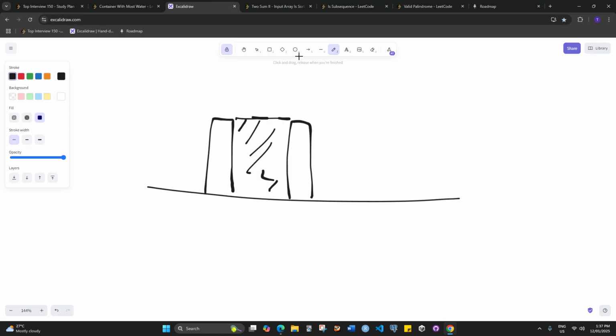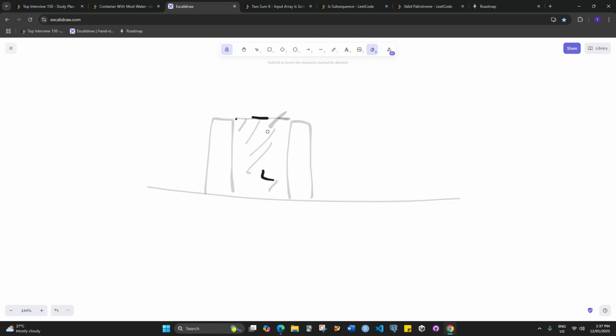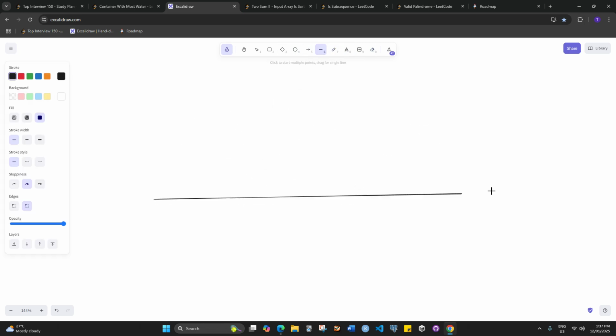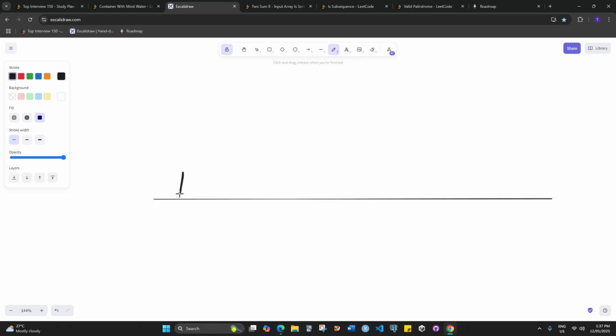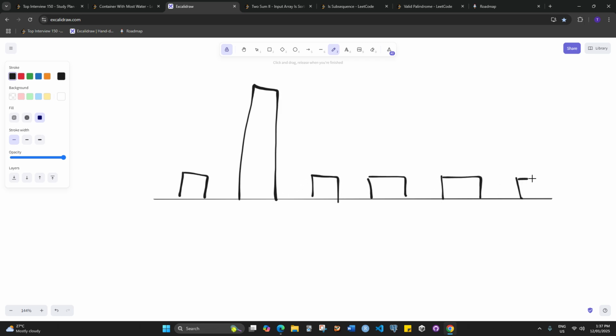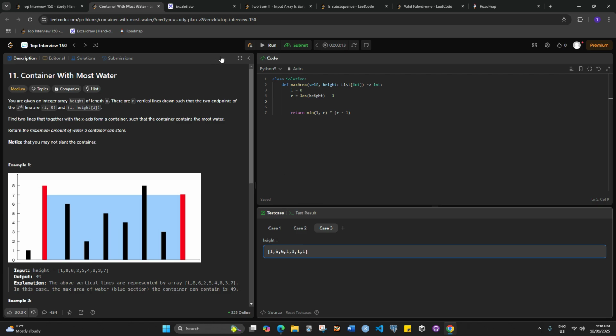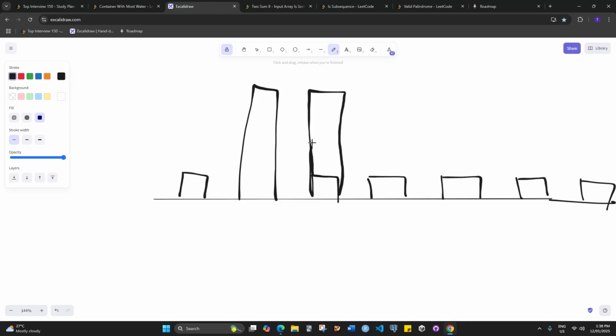So I'll have a straight line 1, 6, 1, 1, 1, 1. Like this.